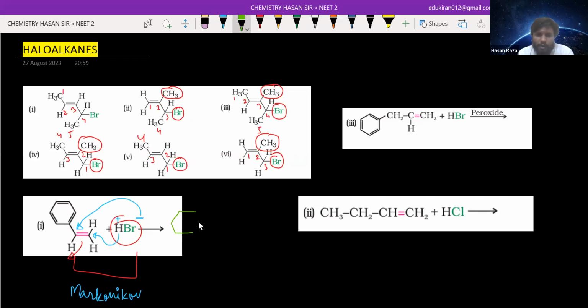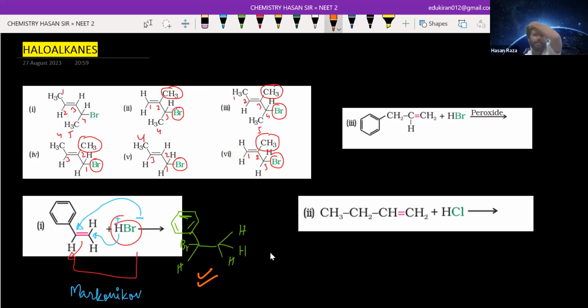You can see a double bond is also present inside the ring. This is your benzene, and this double bond is very stable due to the presence of resonance. It is called an aromatic compound. That's why this HBr will not attack the ring, and this is the product it will form.